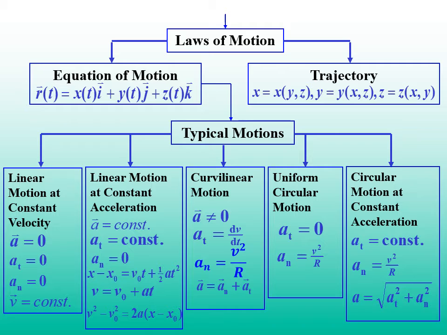For uniform circular motion, the tangential component a_t equals to 0, but a_n equals to v squared over R. For circular motion at constant acceleration, a_t equals constant, a_n equals to v squared over R. So the magnitude of the acceleration a equals to square root of a_t squared plus a_n squared.